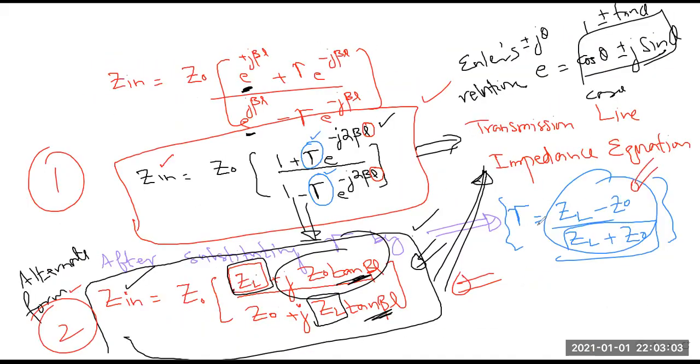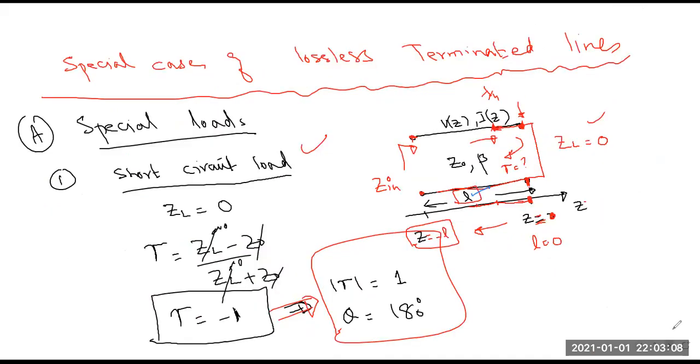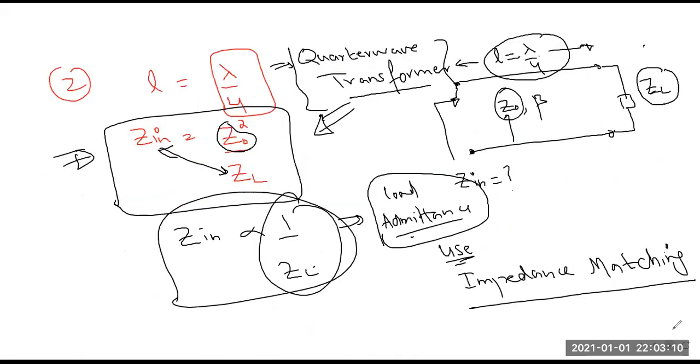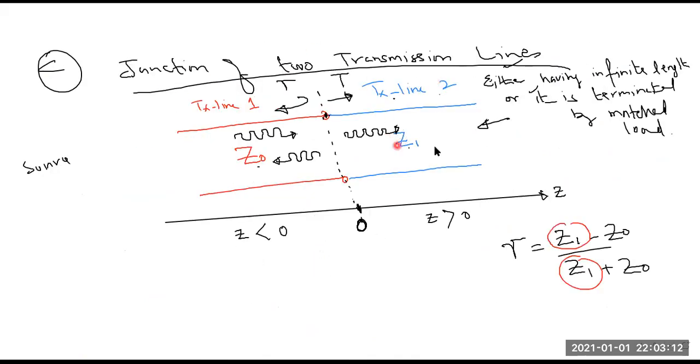Yes, this one. This gamma is ZL minus Z0 over ZL plus Z0. Now in this case, transmission line number two is kind of a load that we have connected at the output of transmission line number one. So the impedance at these 2 points must be equal to Z1.